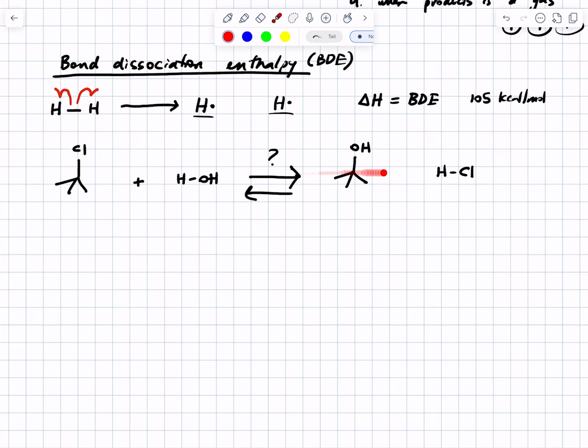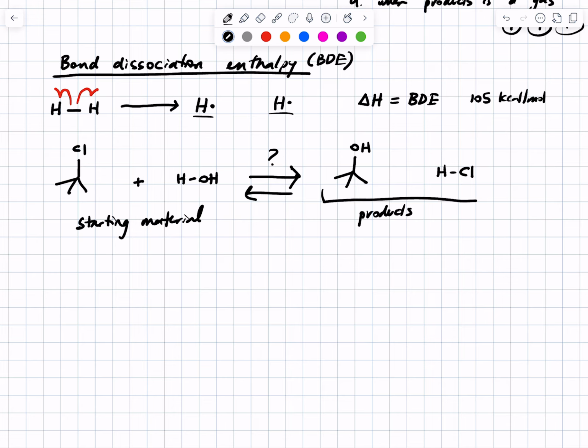Now notice overall that we don't change the number of starting materials versus products. We start with 2 molecules, we end with 2 molecules. So the assumption that the change in entropy for the reaction is close to 0 should be good.